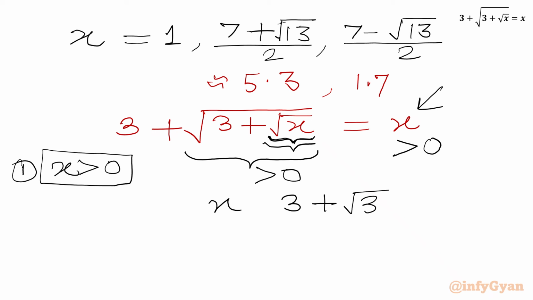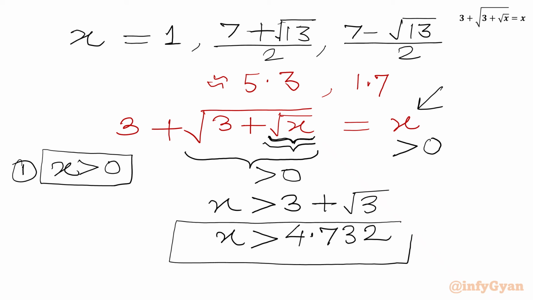This is the minimum value, so I will write here greater than. Root 3 is 1.732. So I can say x must be greater than 4.732. So we are going to accept those values of x which are greater than 4.732.